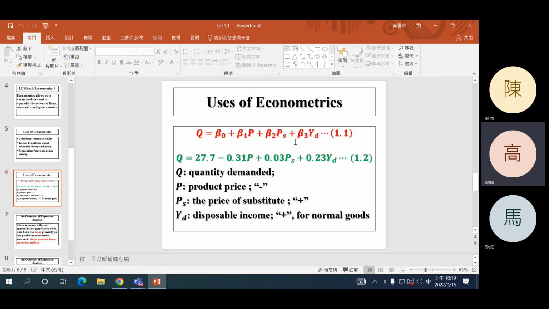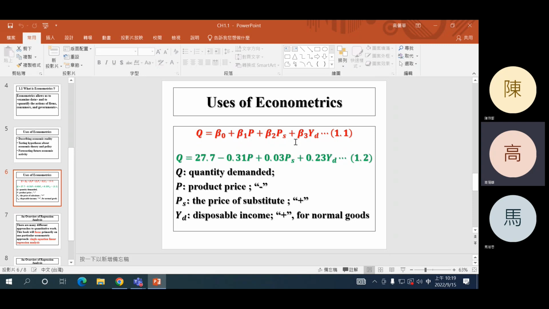Then anything else? YD means disposable income. It's your own income, the income of the person who wants to buy the cell phone. So there are three very important factors in the economic theory.